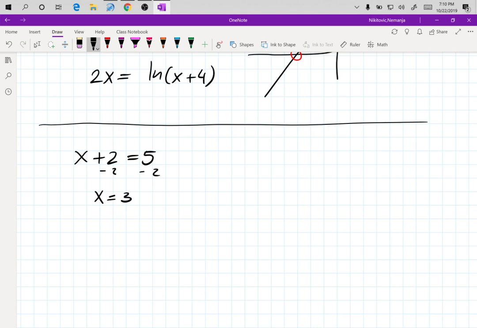Well, let's solve this equation graphically because it's better. So what am I going to do here? I'm going to graph two functions. I have x plus 2, which is a linear line. So x plus 2 is a 45-degree line going through the y-intercept 2.